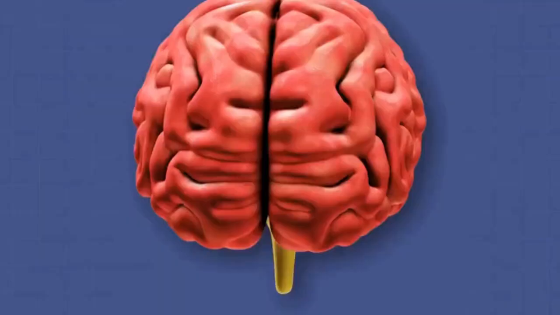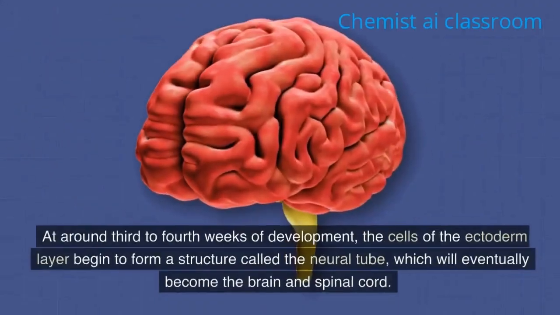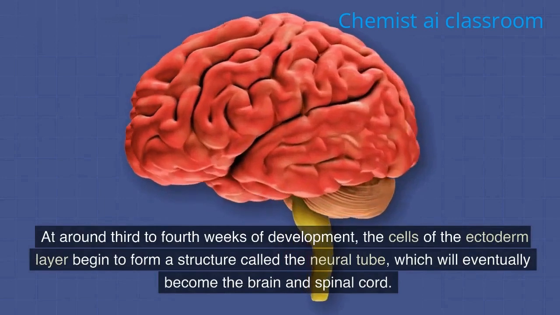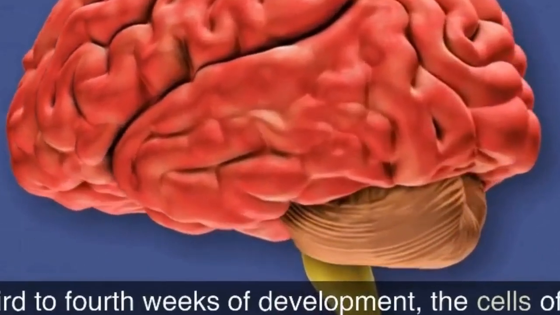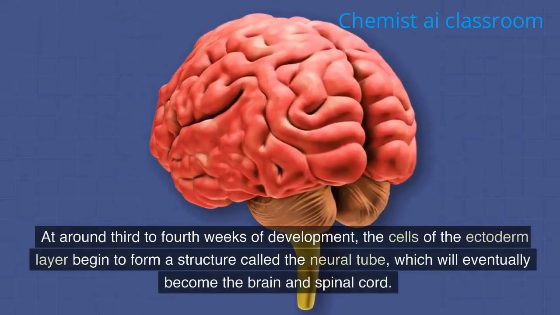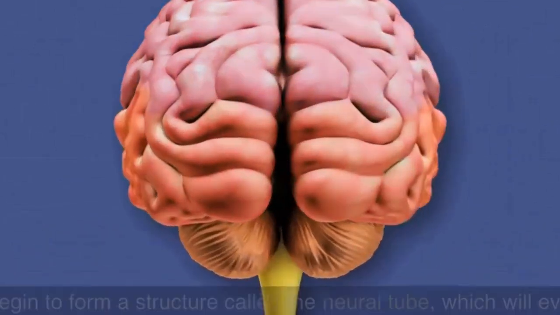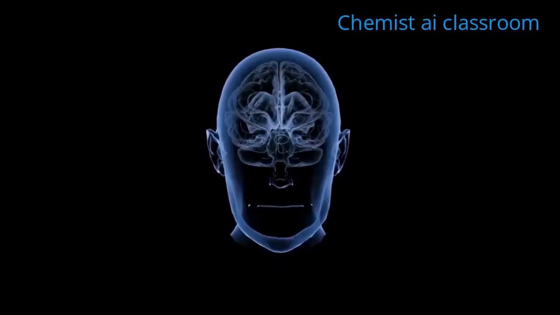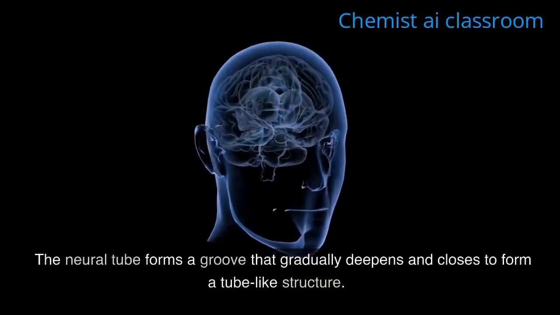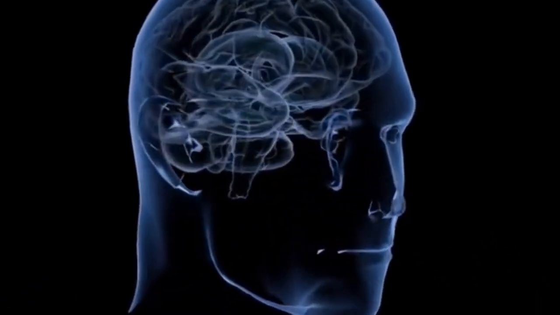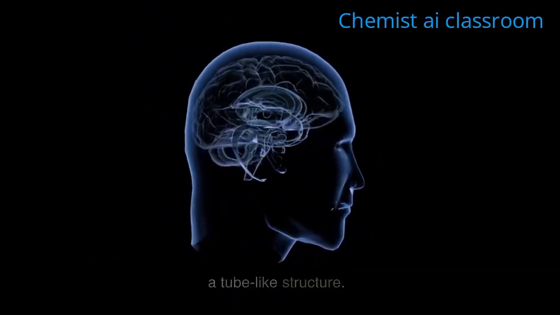Neurulation. At around the 3rd to 4th weeks of development, the cells of the ectoderm layer begin to form a structure called the neural tube, which will eventually become the brain and spinal cord. The neural tube forms a groove that gradually deepens and closes to form a tube-like structure.